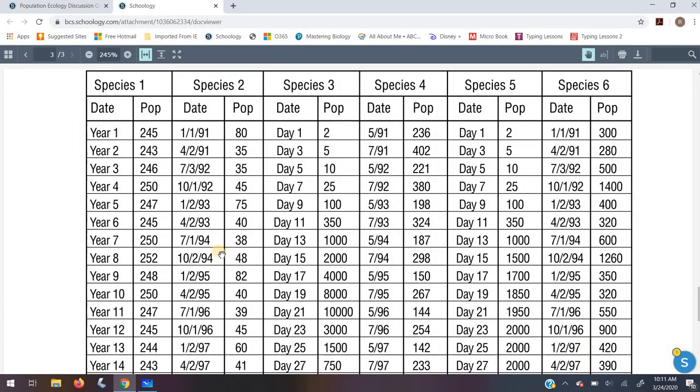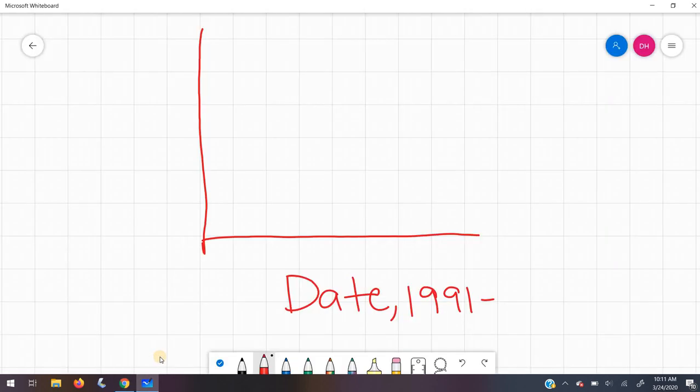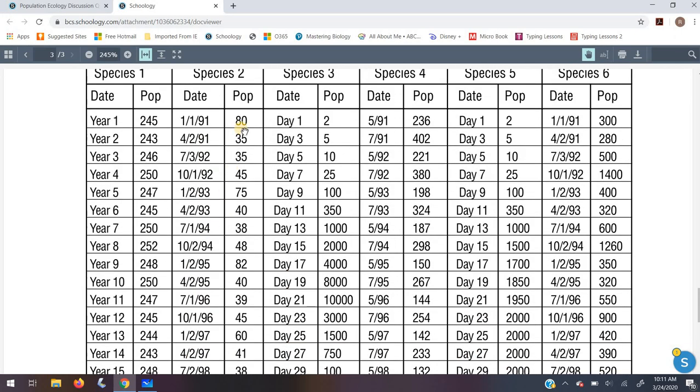Let's see when our data goes up to 1999. This one is 1/1/91. Then 3 months later was 4/2/91. I'm just going to graph these first 2 points for you. We have a population of 80 and a population of 35.